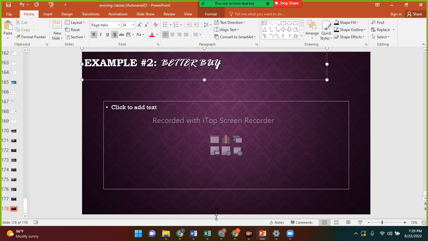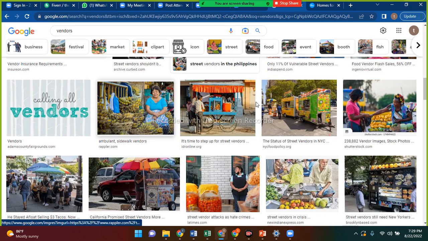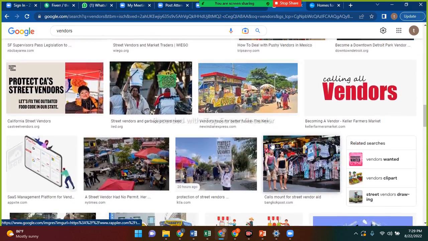Good. So we have 2 vendors again, and we have the opportunity to choose 2 vendors.